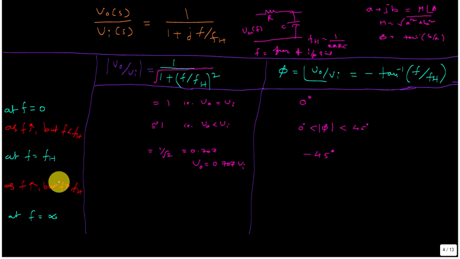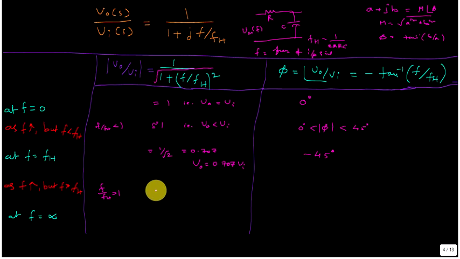Next, as f increases, now f is greater than fh. F greater than fh means f by fh is greater than 1, whereas in the earlier case f by fh was less than 1. As f by fh is greater than 1, it is a large value, and the square of that large value is very large, so you can neglect the 1. 1 by very large is nothing but V0 by Vi being very small.